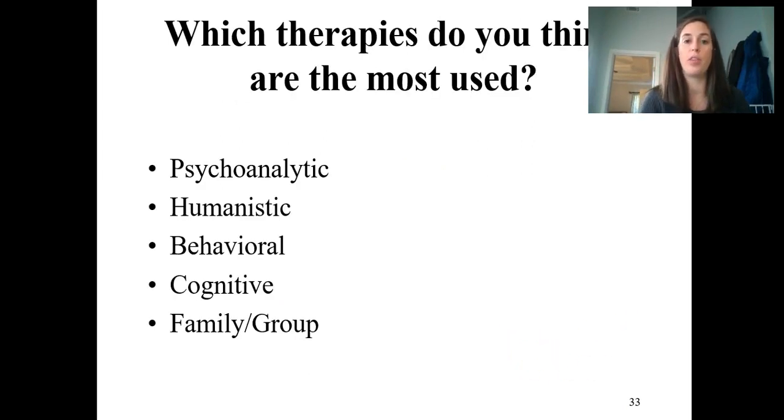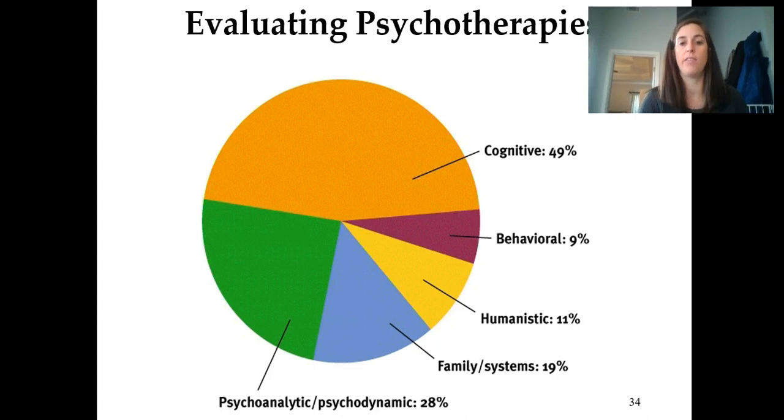In your opinion, what do you think is the most used? And the answer is cognitive. About 50% is cognitive. And then look down here, it's psychoanalytic, 28%. I don't know if that would have been on your next list or not. But it makes sense that cognitive is probably the most, right? Really, thought processes are behind so many of these disorders.